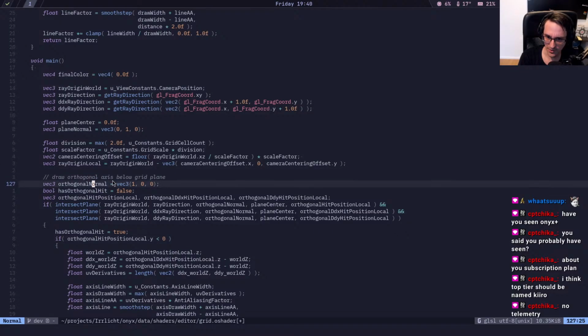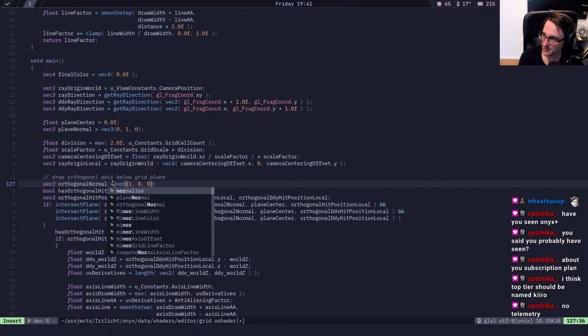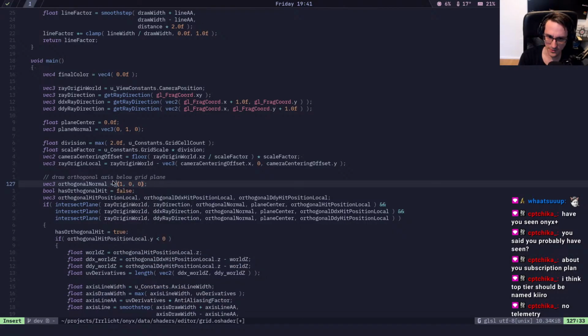Okay, so here we do basically the new thing. So what we do is, first of all, well, no, the orthogonal normal is not that anymore, but it's the normalized thing of our ray. We need a vec3 with ray world origin x, and then here 0, and that needs to change as well once we add the plane orientation to it.